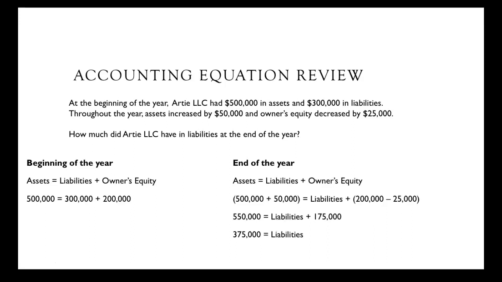That was the missing piece there. And if they would have asked us in another question to find assets, we could have done that as well. So that's our basic accounting equation, right? Assets equals liabilities plus owner's equity.